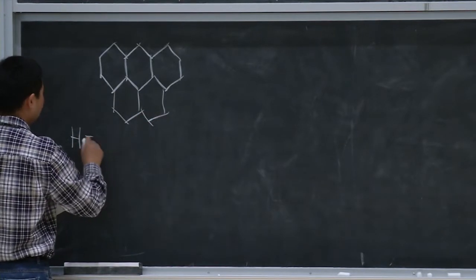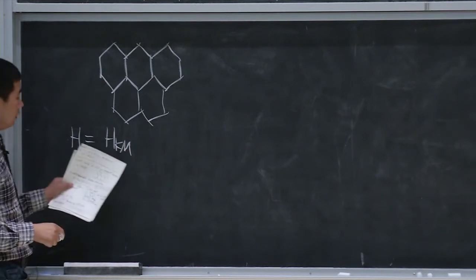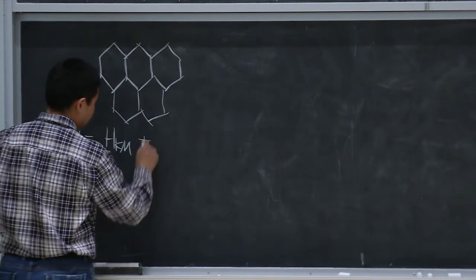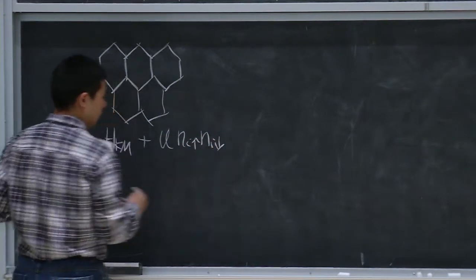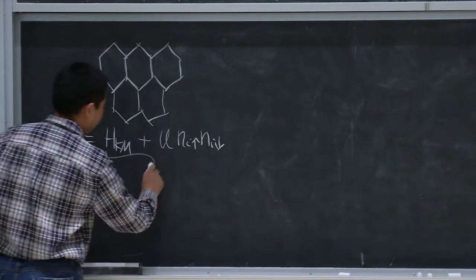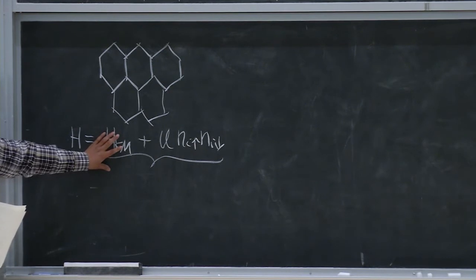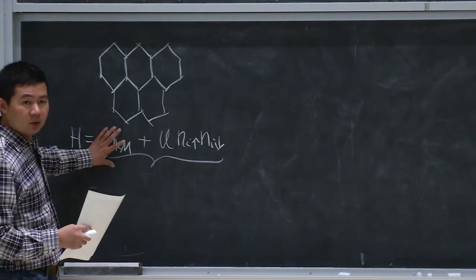So we can have a model which is the original Kane-Mele model, this non-interacting part with atomic spin-orbit coupling, plus Hubbard U. And this part conserves total Sz. Total Sz is conserved, yes.